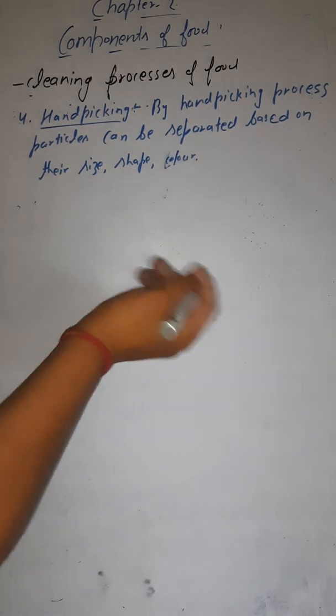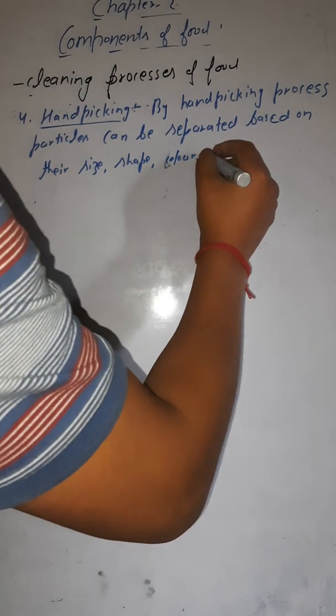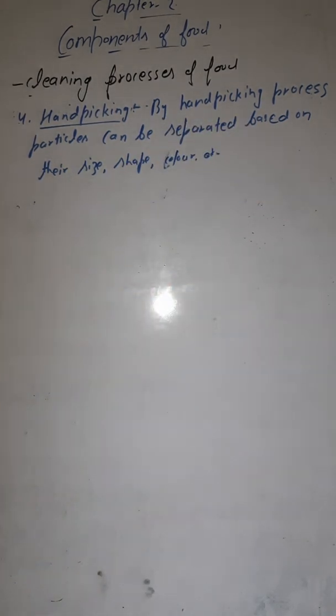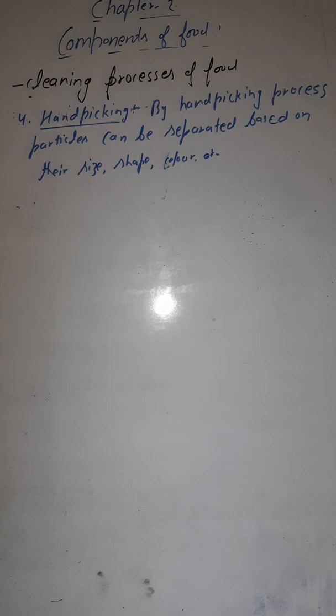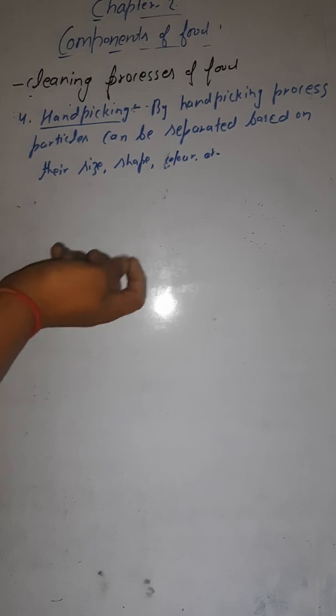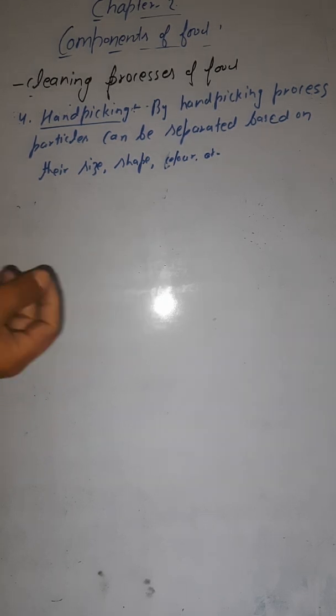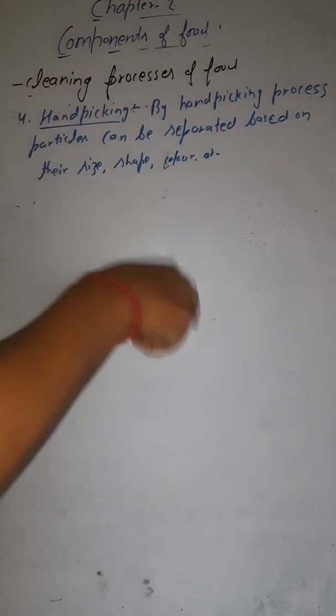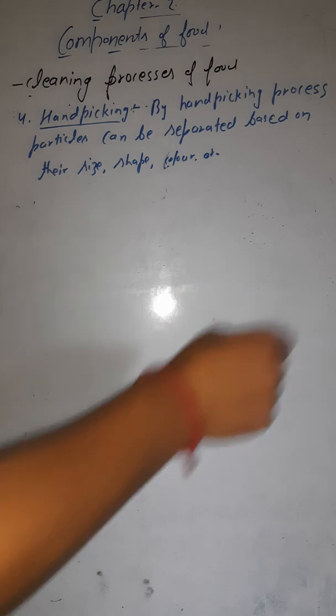Different colored particles we can separate. So this is the hand picking process. Like when we are cooking dal, from the pulses you are separating the stone particles. The particles which are not required there, you are separating only by the method of hand picking. So this is the hand picking process.